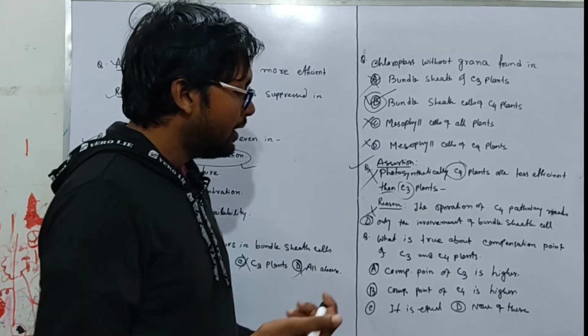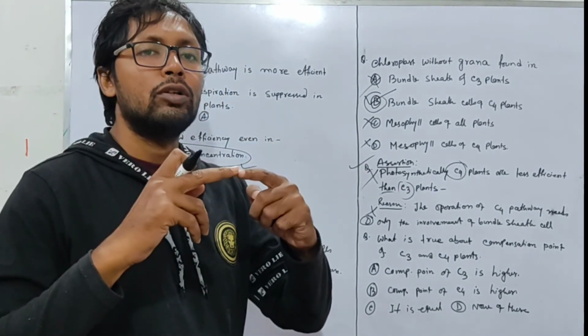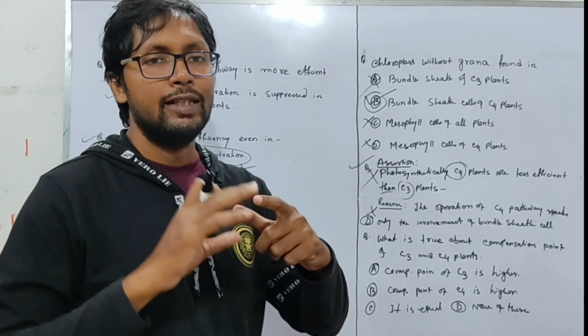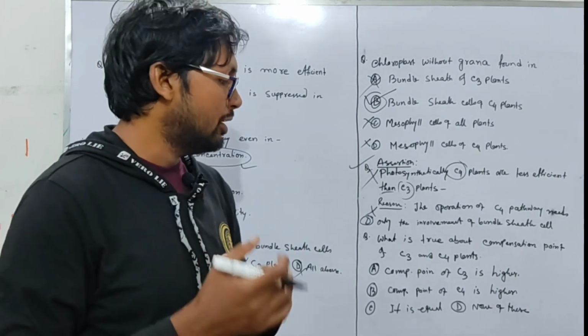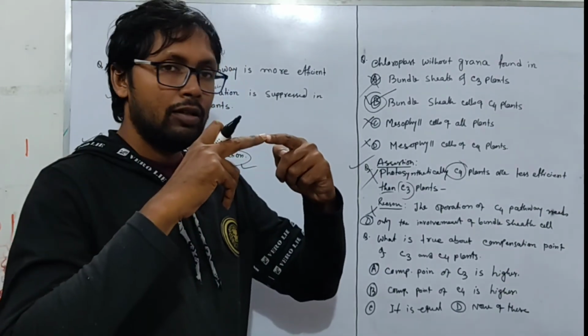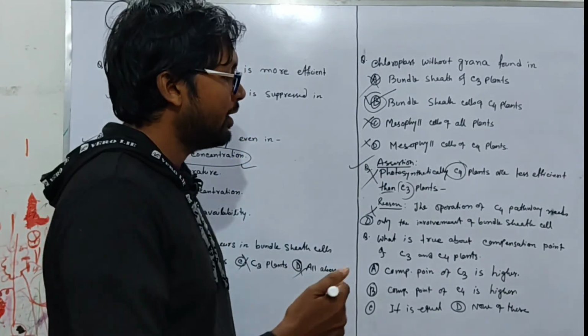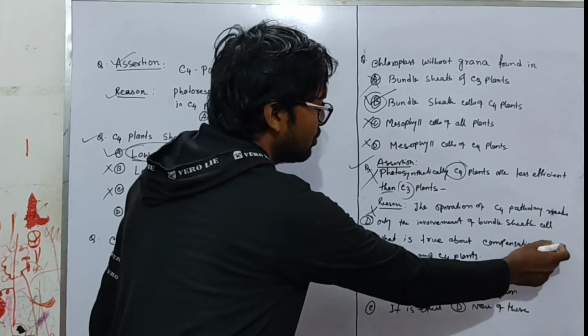When this is equal, that is the compensation point, the point when the amount of carbon dioxide needed for photosynthesis and the amount of carbon dioxide produced due to respiration are equal. That particular point is called the compensation point.